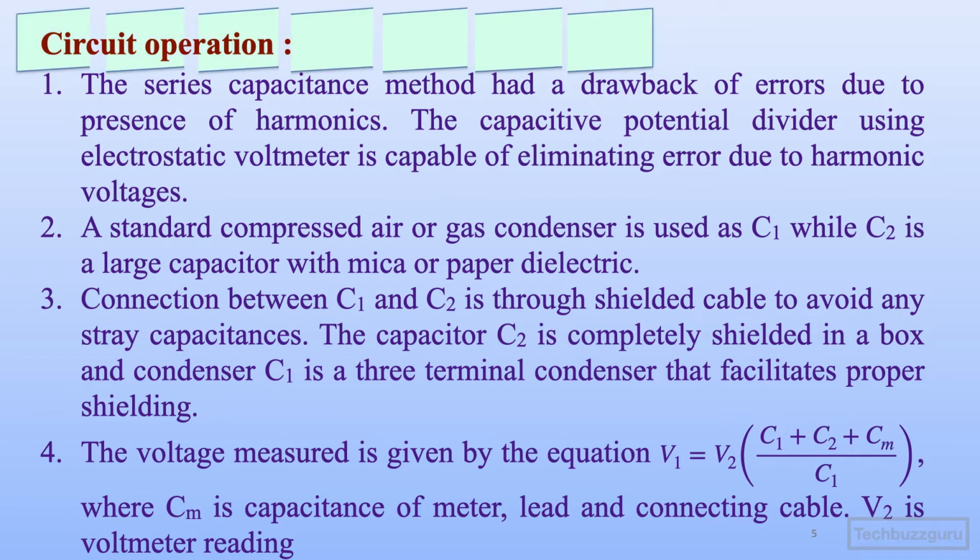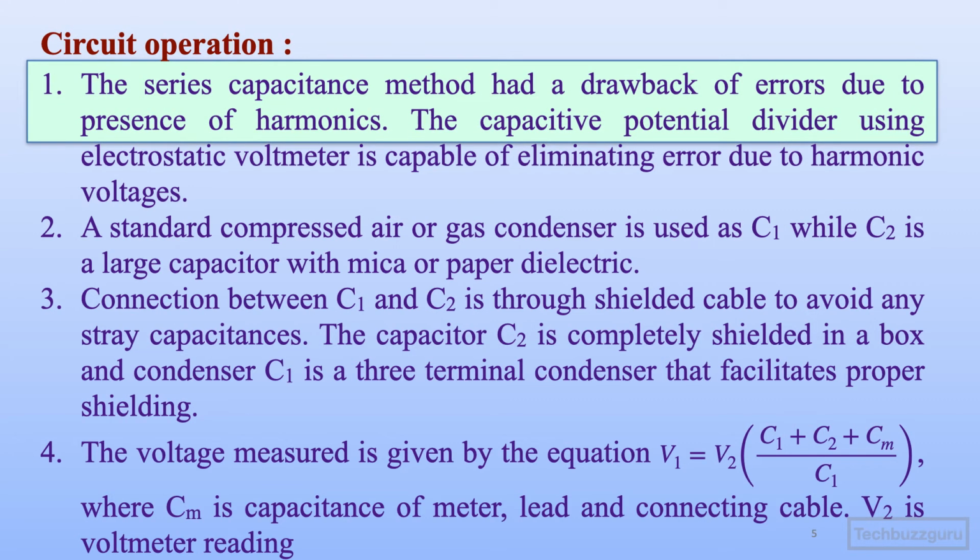Let us go through and discuss the circuit operation of the capacitance potential divider. First and foremost, as discussed earlier, the series capacitance method had a drawback of errors due to the presence of harmonics. It was suitable for pure sine wave measurements.